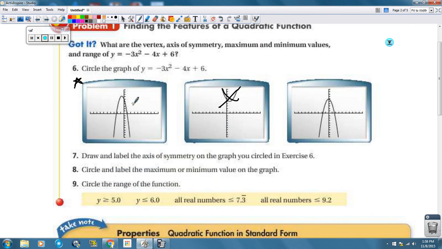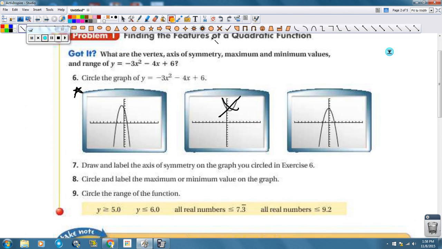Now, if I'm just looking at the picture, all I want to do is make a solid line. I want to make it a little thinner so that you can actually see.